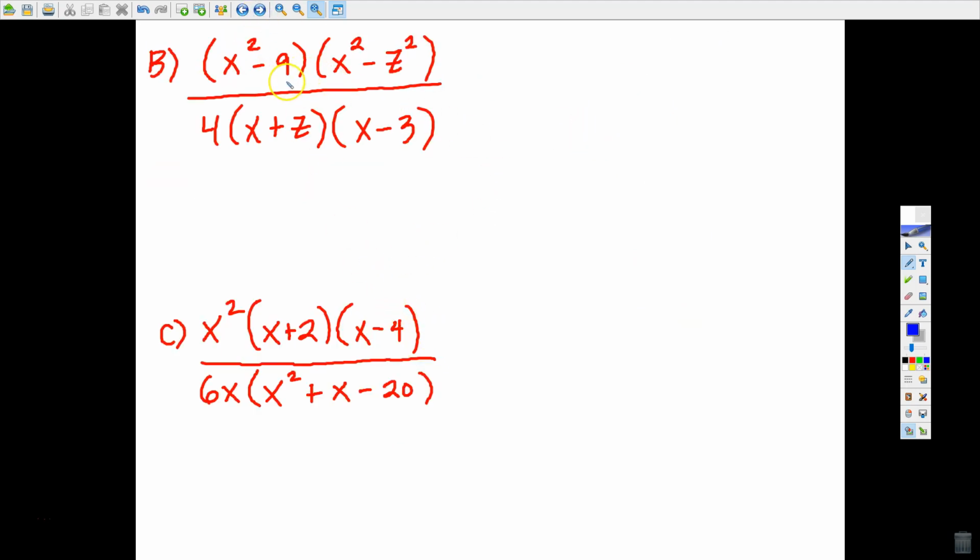Alright, so letter B, again, you're always thinking factoring as much as you can, and that involves looking for a GCF first. Don't always have one, but you should always make that your first thought. In the numerator, I have these situations called the difference between two squares.